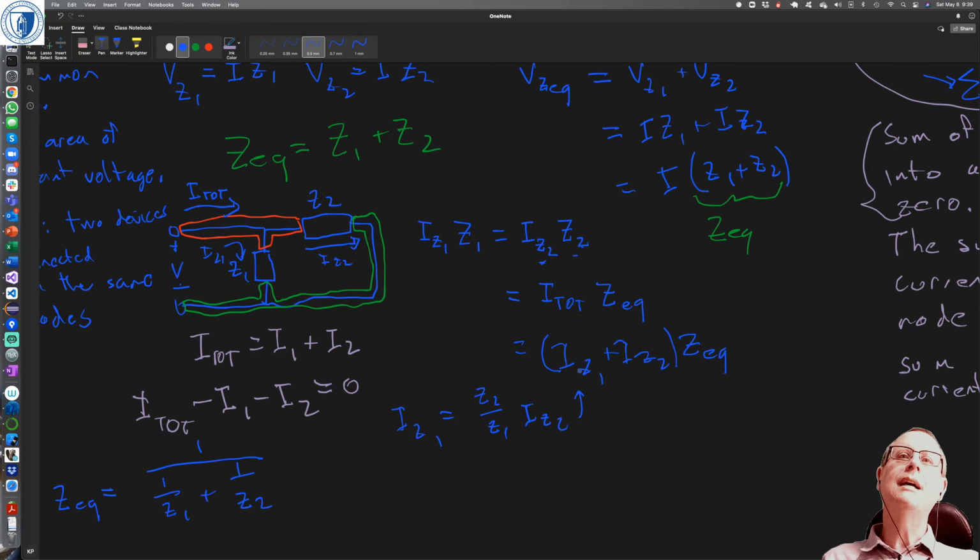Let's just try it. So we get Z2 on Z1 plus 1 times IZ2 times Z equivalent equals, and we've got IZ1 Z1, or it equals IZ2 Z2.